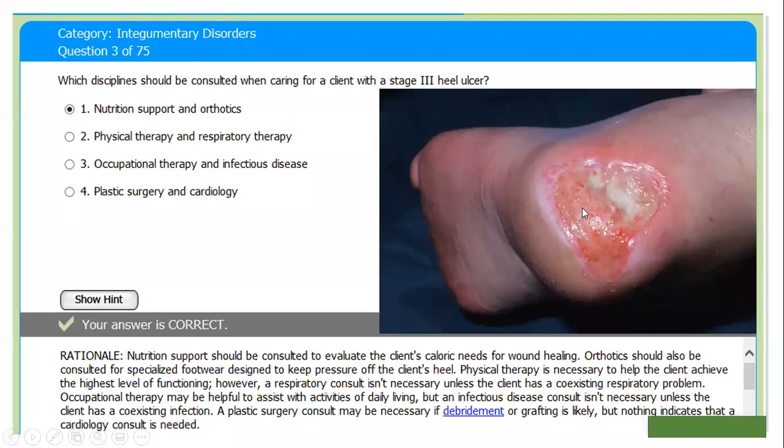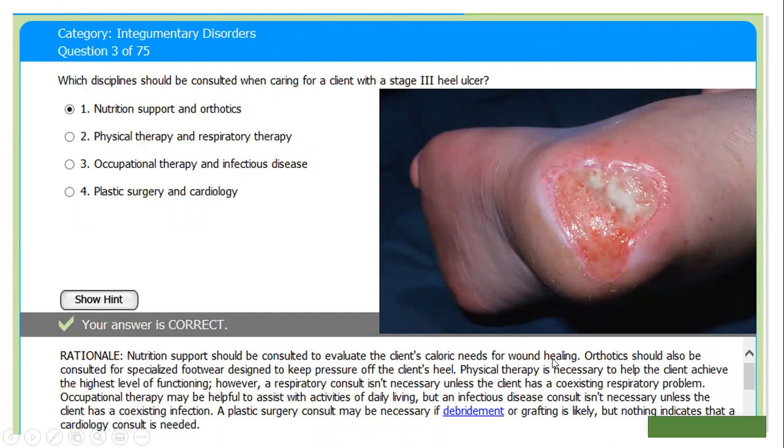So in this picture, we can see the ulcer in the heel. In a patient who has it, it is good to check nutritional support and orthotics. The rationale says nutritional support should be consulted to evaluate the client's caloric needs for wound healing.